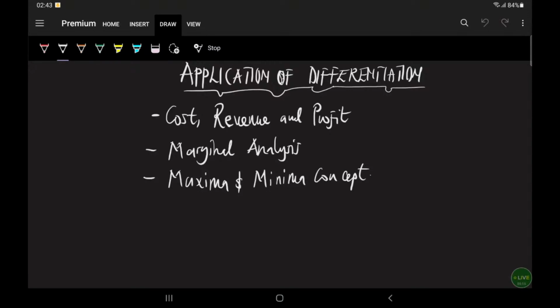In relation to what we are discussing, it is the rate of change in cost, the rate of change in revenue, and the rate of change in profit when there is a change in the market environment, so far as production and cost are concerned. I believe that is clear.